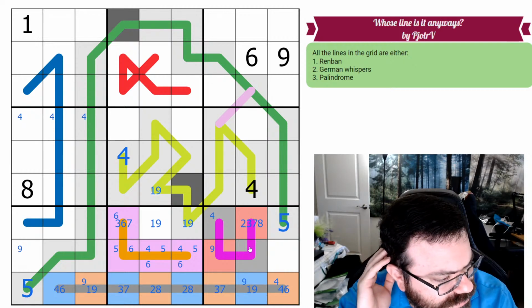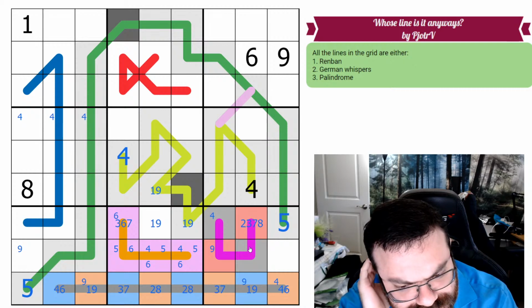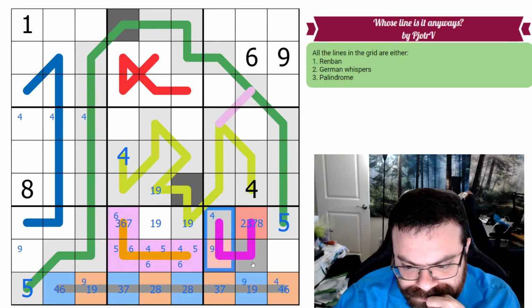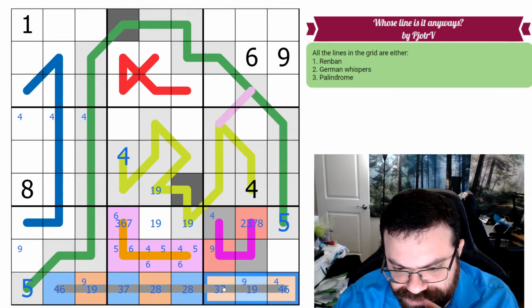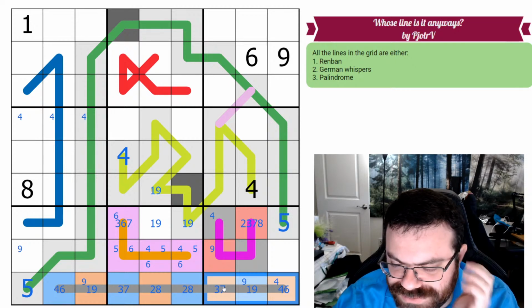No room for 3 because 3. Otherwise, this is 4, 9. Making this a 3. Doesn't seem as restricted.